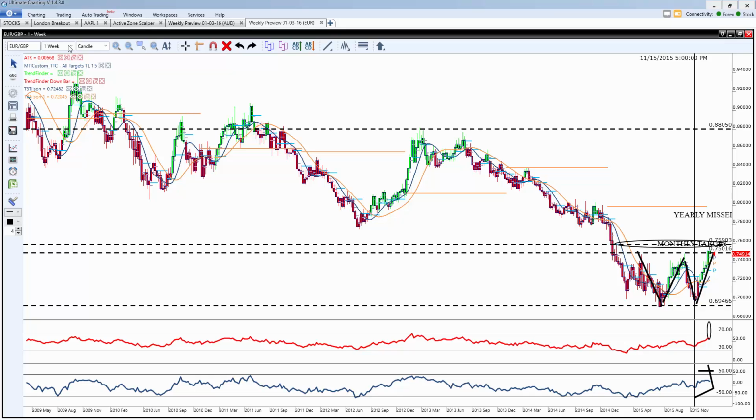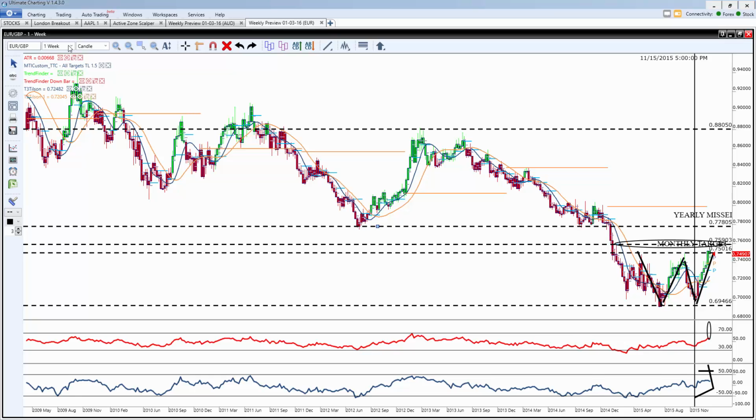Next one will be a minor resistance. Remember I told you if it's a resistance that hasn't been broken, it's a major resistance. The ones we broke, where past support becomes resistance, is called minor resistance. So we have minor resistance here.